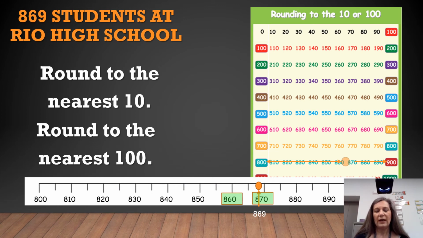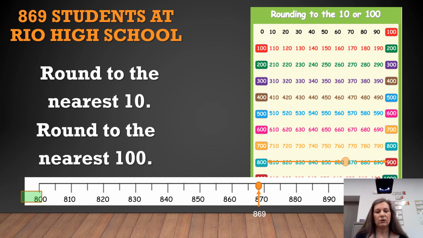In this case, we have 9 in our ones place. And our rule is if it's less than 5, which is 1, 2, 3, or 4, we round down to the lower 10. If it's greater than 5 in the ones place, we're going to round up to the greater 10, which would be 870. So we can see that it's only 1 away from 870, so it's going to be closer to 870.